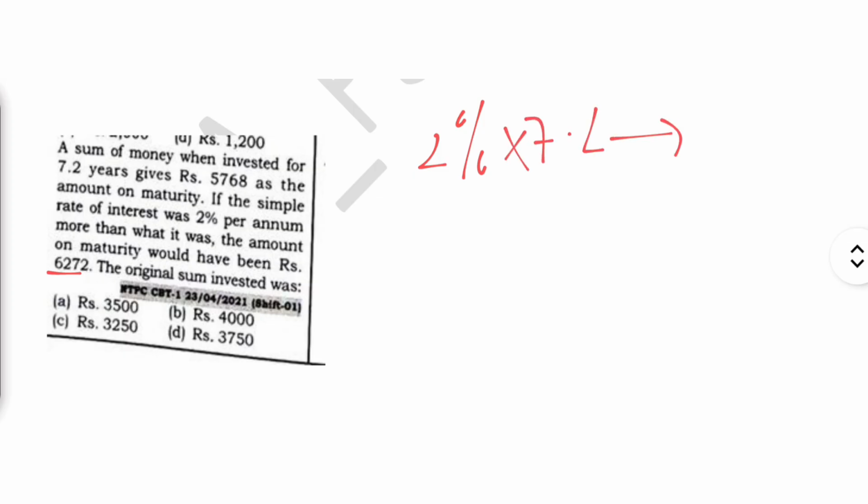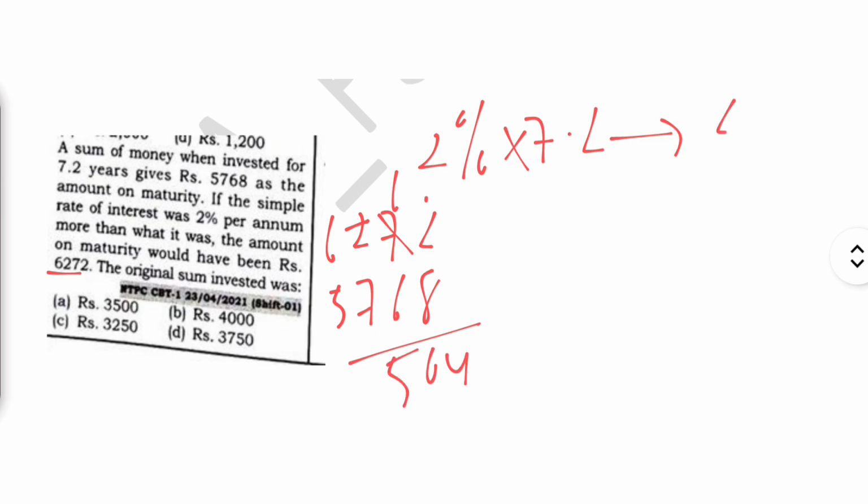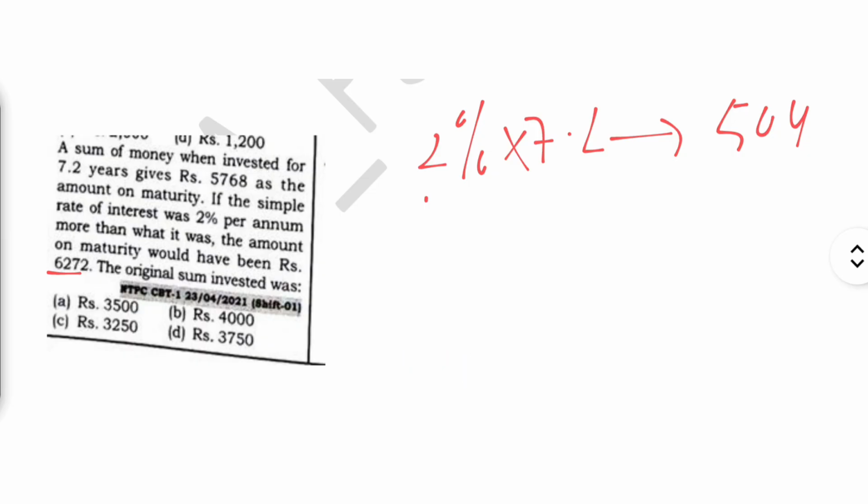What is the difference between 6272 and 5768? It is 504. If this value is 504, then we have to find the original sum, that is, 100% is x. If you solve for x, you will get one of the answers.